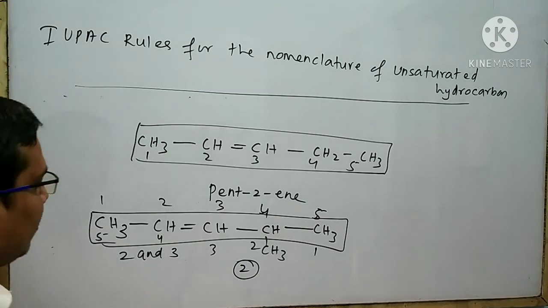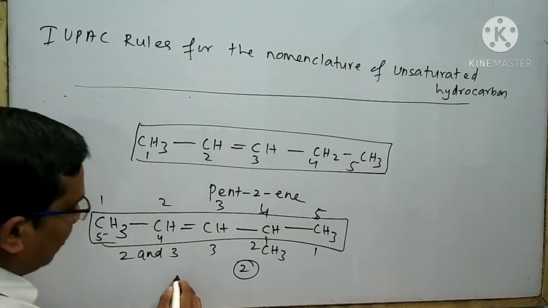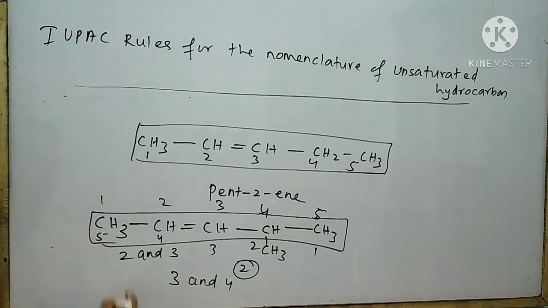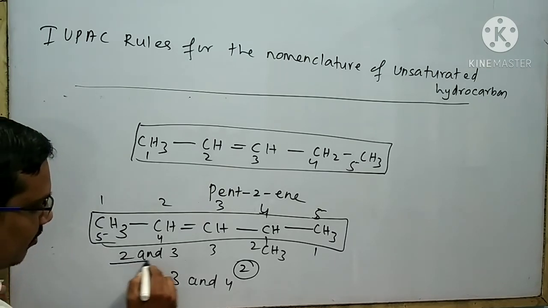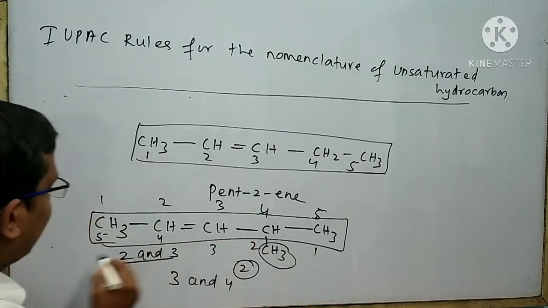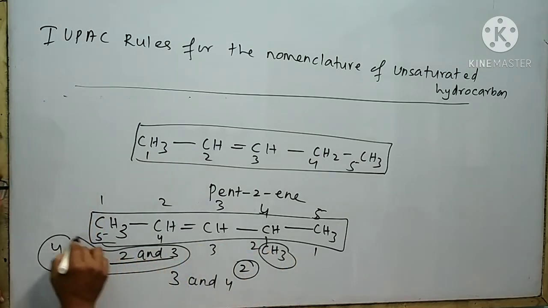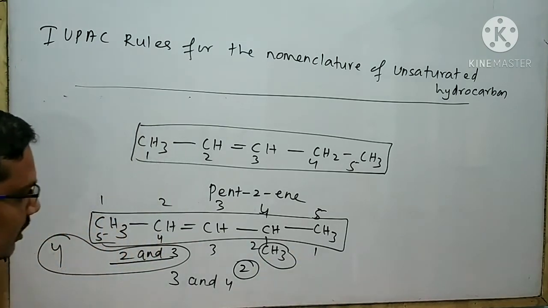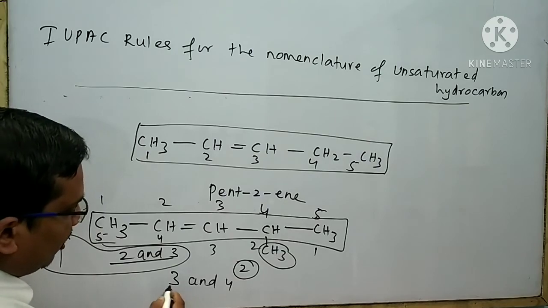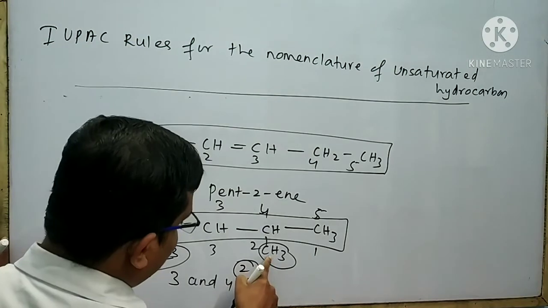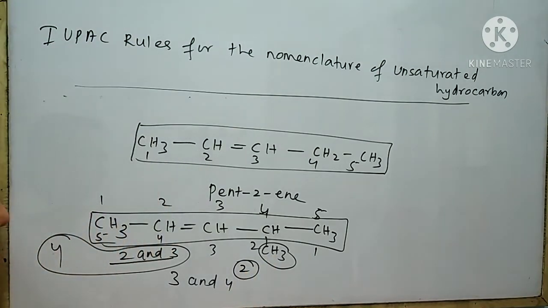On the other hand, the double bond is present in between 3 number carbon and 4 number carbon. In the first case, the double bond is present in between 2 number carbon and 3 number carbon atom, and the substituent methyl group is present at the 4 number carbon. This is one set. If I start the numbering from right to left, then the double bond is present in between 3 number and 4 number carbon atom. On the same time, the side chain is at 2 number carbon atom.